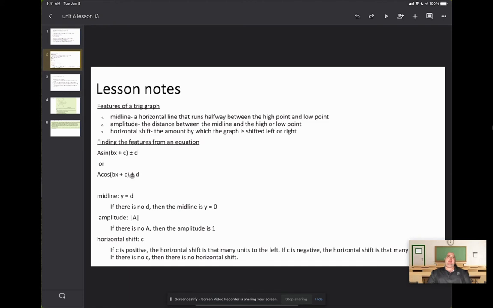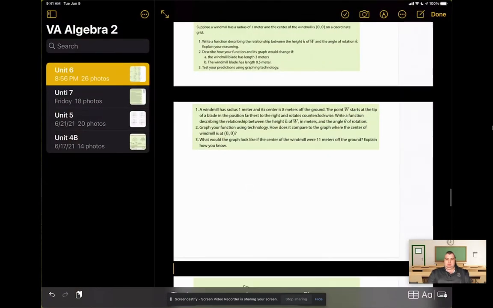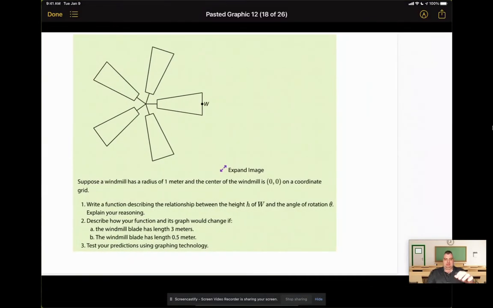If it starts at the 0 degree or the 0 radian position, which remember is directly right of center, then the C value would be 0, so on and so forth. Okay? So with that in mind, let's look at our first set of examples for this lesson.